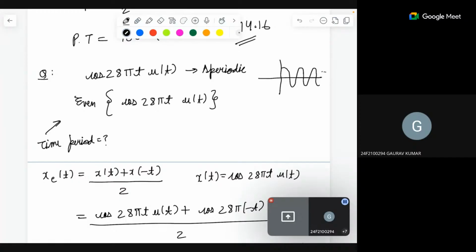The cosine is an even function, and u of t is neither odd nor even. Then how is the signal defined, ma'am?